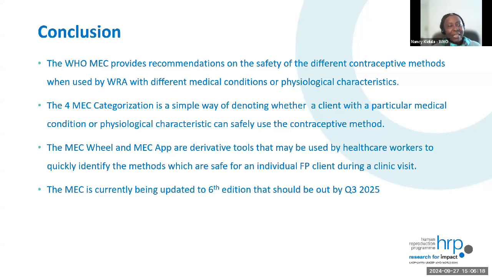It means that even if a woman has a certain medical condition, it is possible to find which contraceptive method is safe for them to use. And even if they have multiple comorbidities, you can triangulate and you should be able to at least get a method that they can generally use.